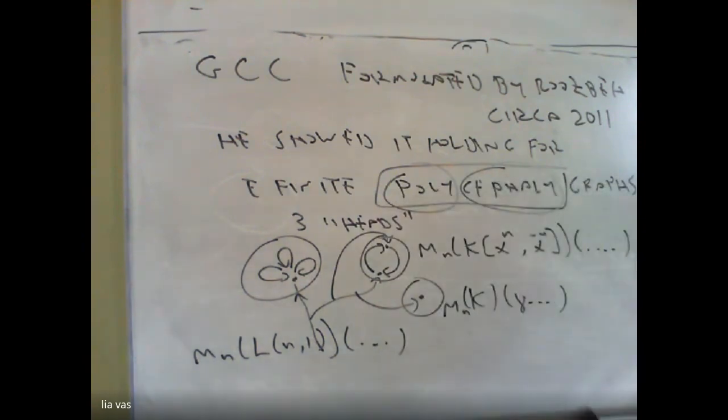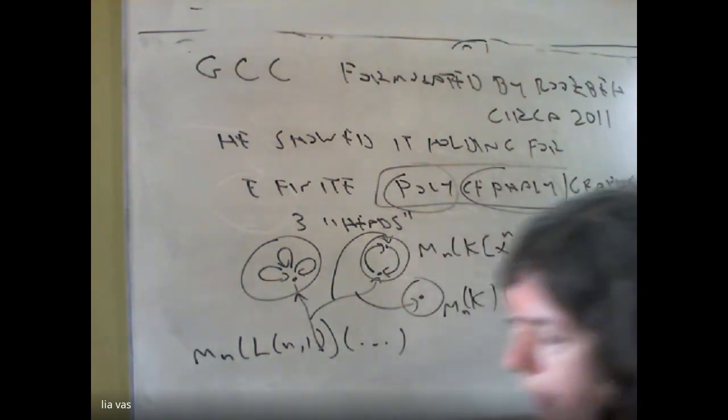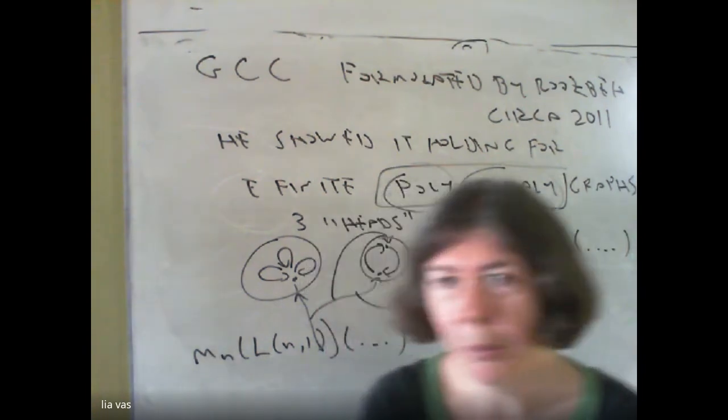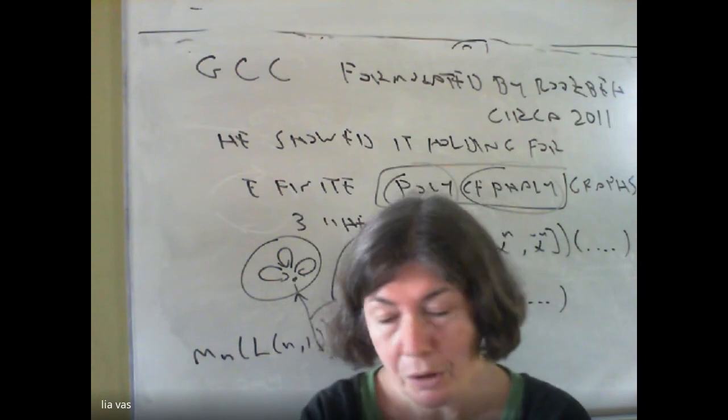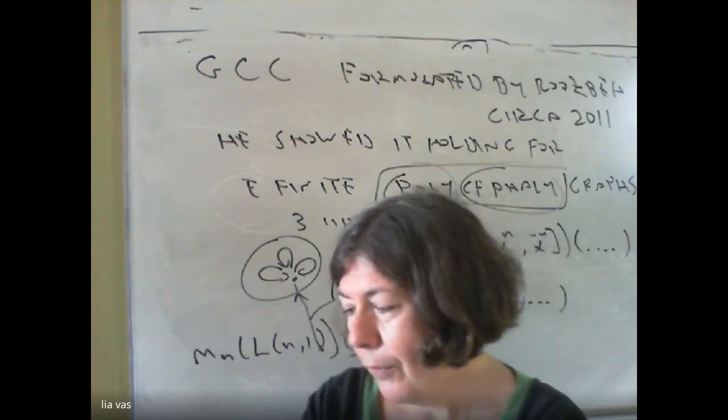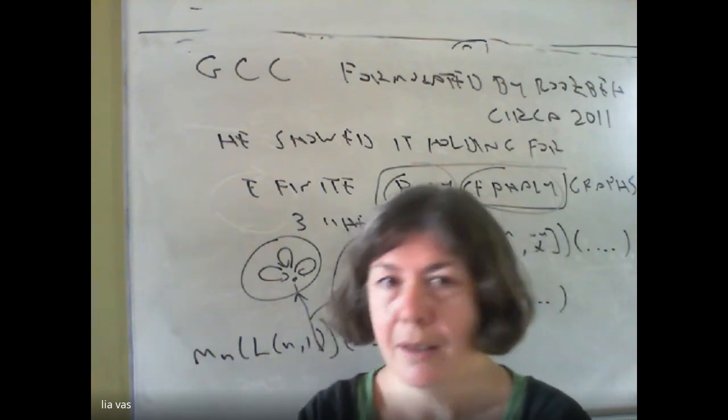And then a few years after that, Ara and Pardo, Pere Ara and Enrique Pardo, showed a weaker version of the conjecture for finite graphs without sources and sinks.